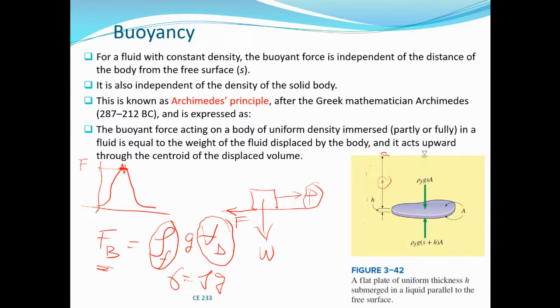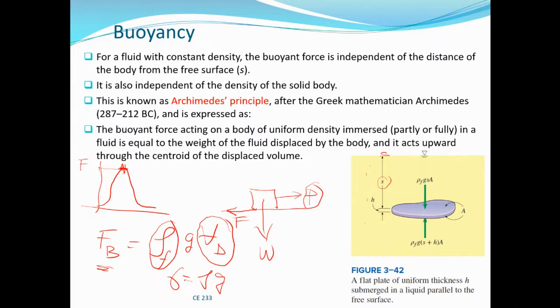It says that the buoyant force acting on a body of uniform density, immersed partly or fully, meaning whether it is floating with some of its volume immersed in the fluid or it is fully immersed, is equal to the weight of the fluid displaced by the body, and it acts upward through the centroid of the displaced volume.